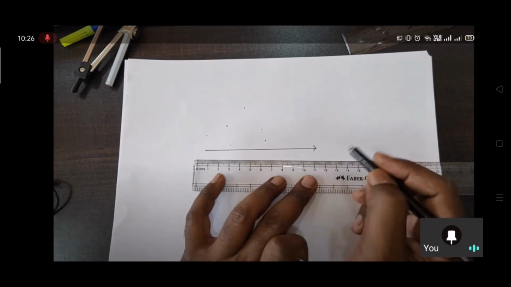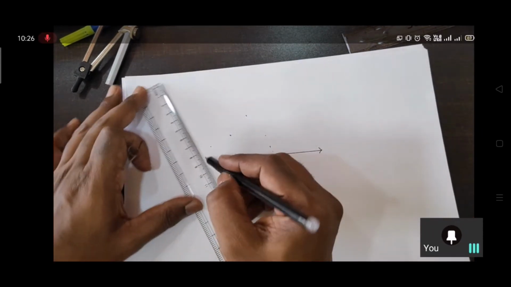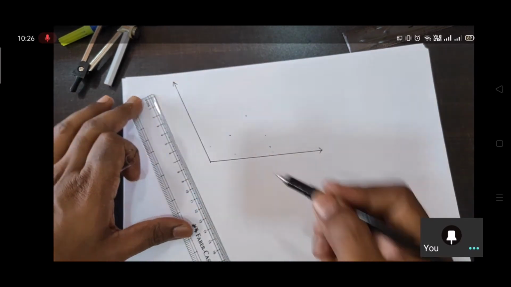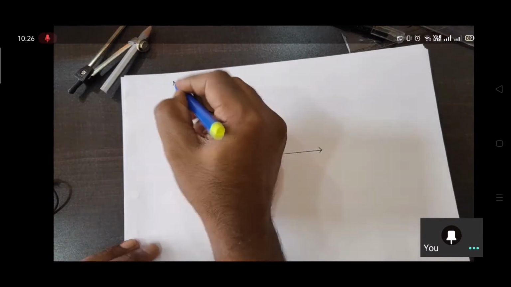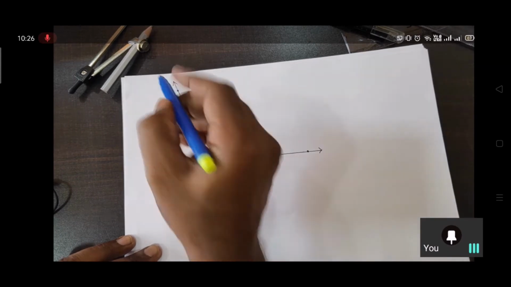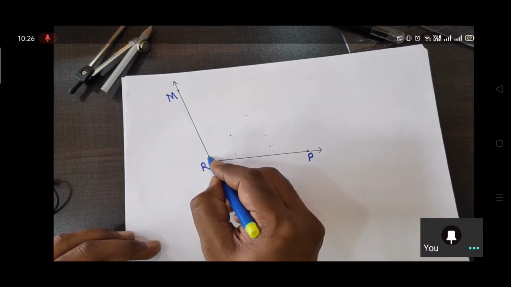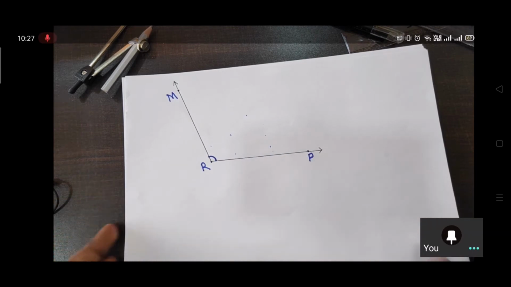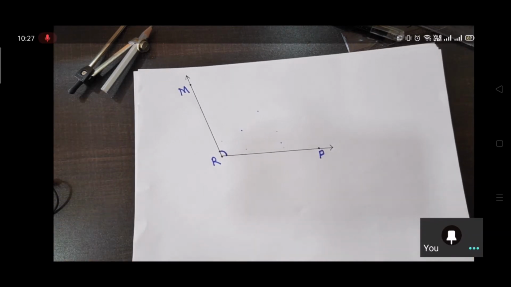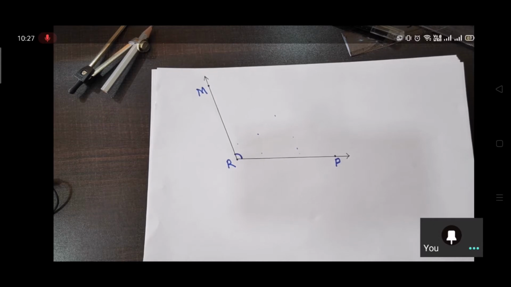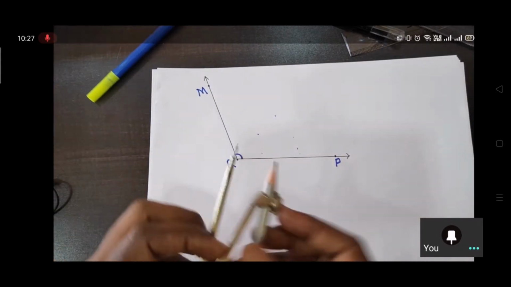Draw one obtuse angle, and again the degree should be as you wish. Angle MRP. Draw this angle MRP. Once you draw this angle MRP, the first step we have to follow is to take an appropriate span.